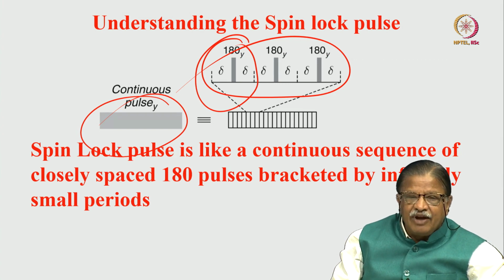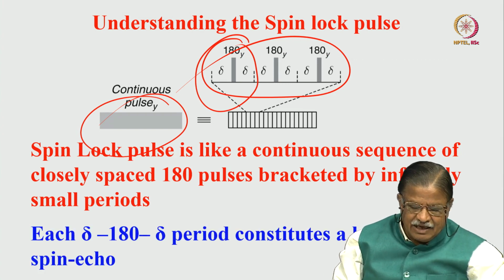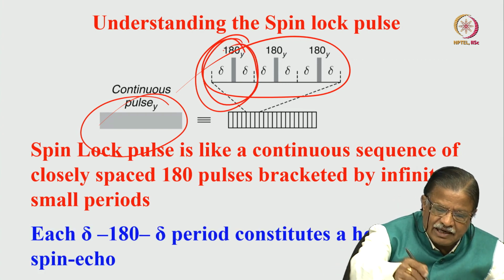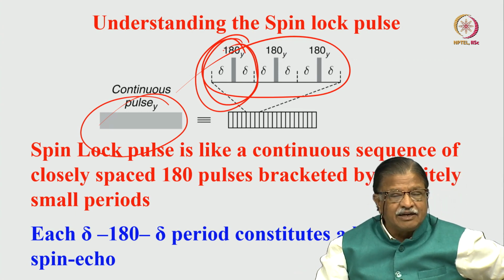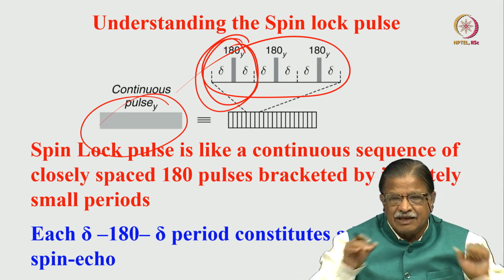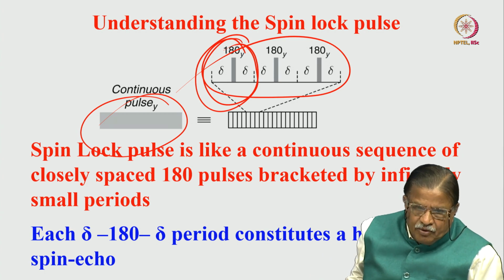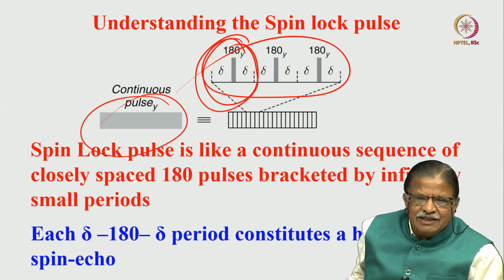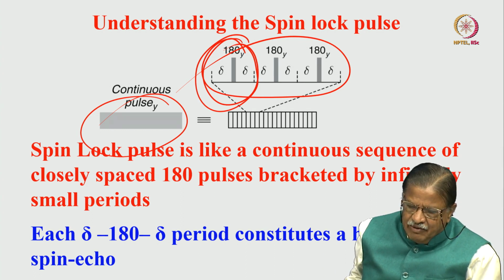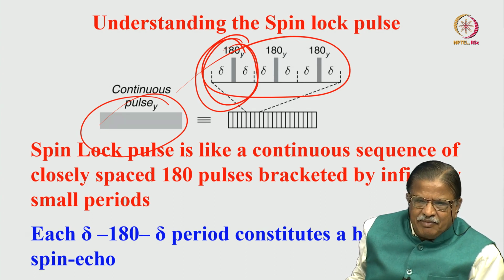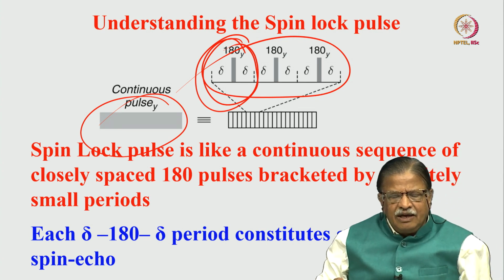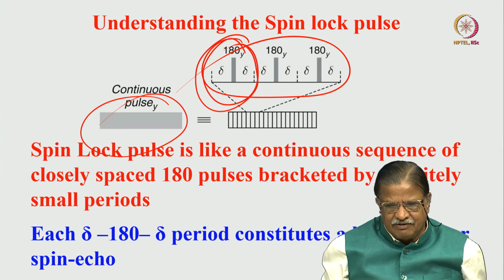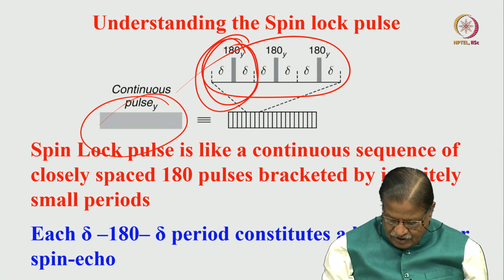In which case, each of these delta, 180, delta blocks I will call a spin echo block. So I can consider the continuous RF pulse which you apply for mixing as nothing but a chain of a huge number of spin echo sequences together.